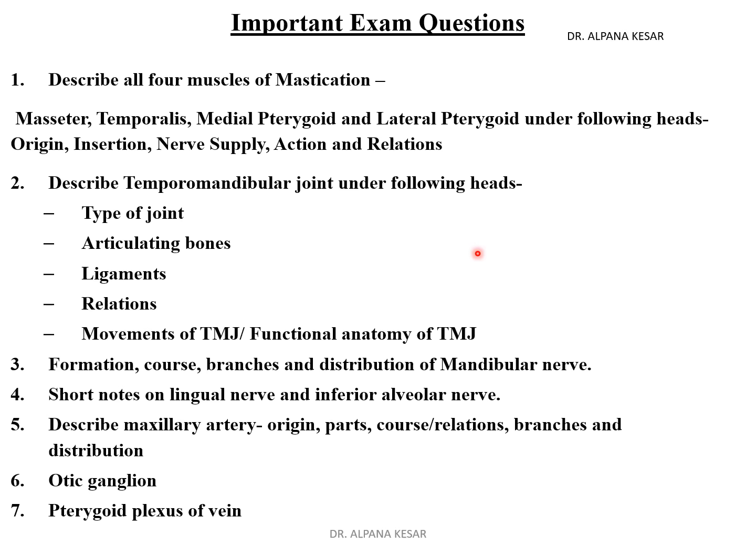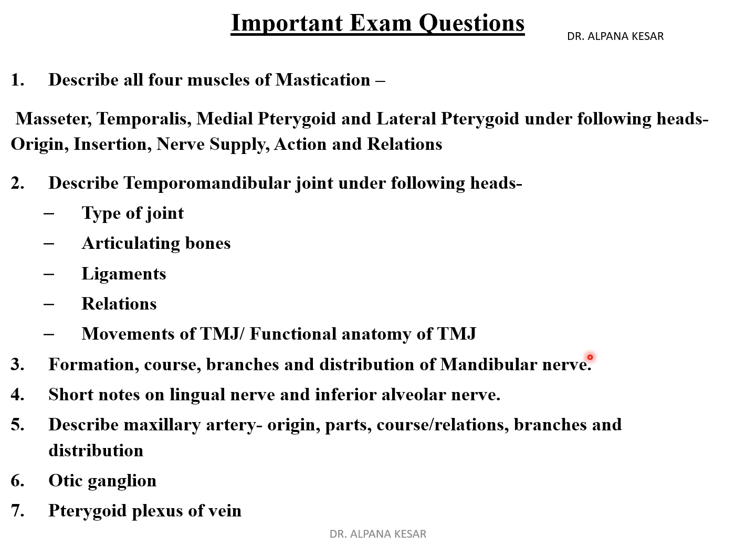Next important topic that is often asked in the exam includes: describe temporomandibular joint under the following subheads: type of joint, articulating bones, ligaments of the joint, relations of the joint, and movements of the temporomandibular joint. Functional anatomy of temporomandibular joint or movements of temporomandibular joint is one and the same.